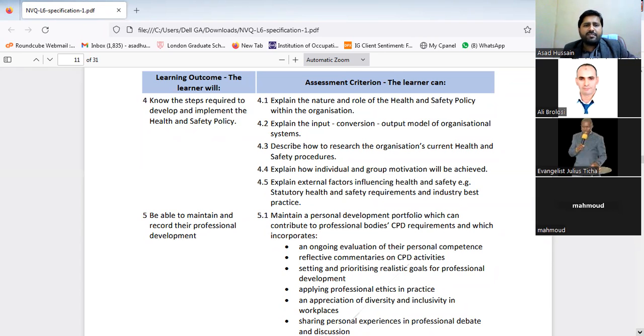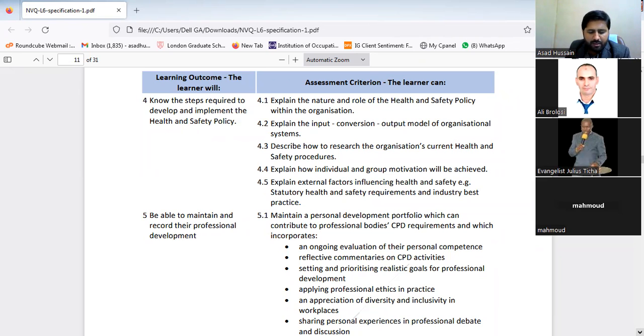Now it is saying how we can develop and implement a health and safety policy.